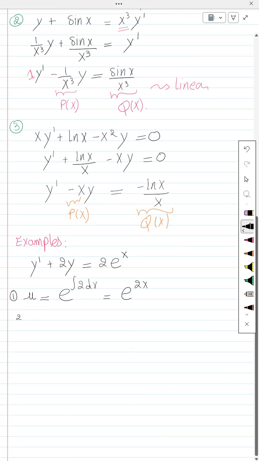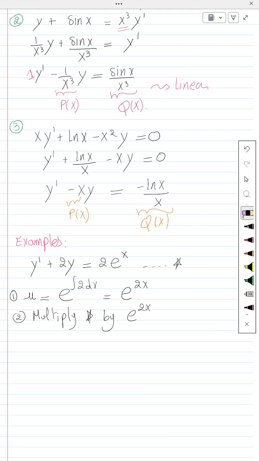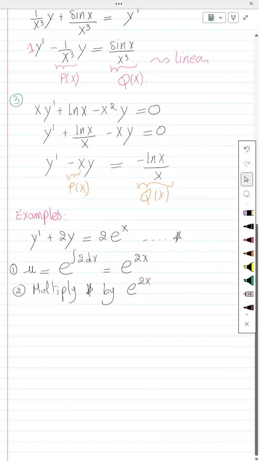The second step is to multiply the equation, let's call it star, by exponential 2x.